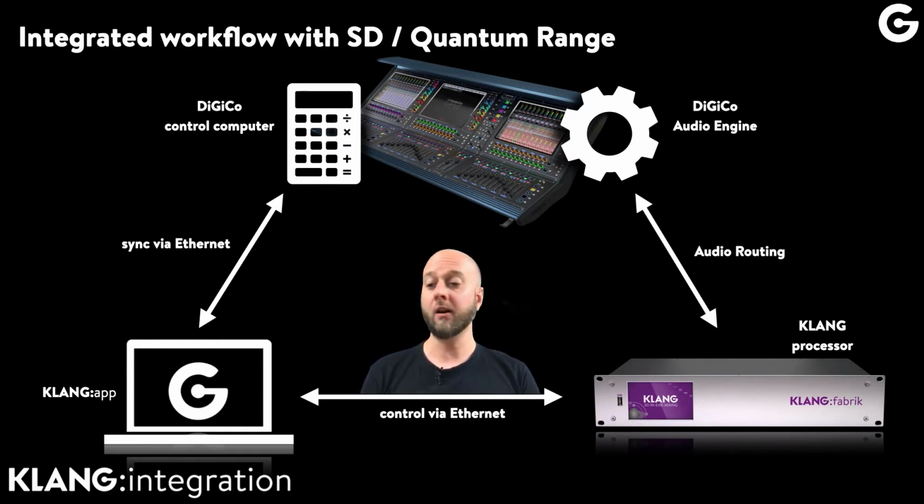That could be with MADI, with Dante, or whichever format you want to use and your devices are supported. And of course, we connect Klang app with the control computer side of the DiGiCo. And once we do all that, everything is synchronized and we can just manipulate parameters on both ends of that, and it will be a bidirectional communication.